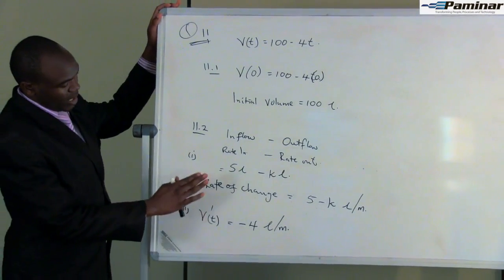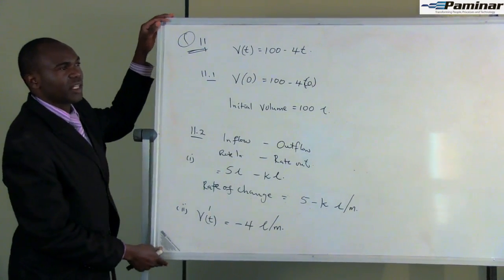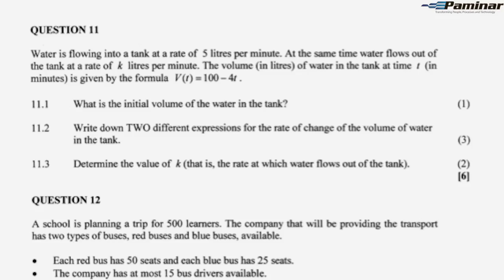Okay? Let's keep this in mind. Now it says determine the value of K, the rate at which water flows out of the tank.